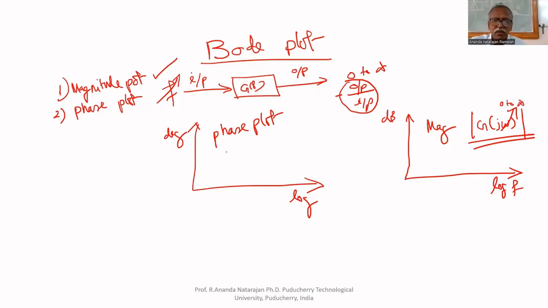The phase plot is the angle of G of j omega, as omega varies from 0 to infinity. That we are going to do for various transfer functions.